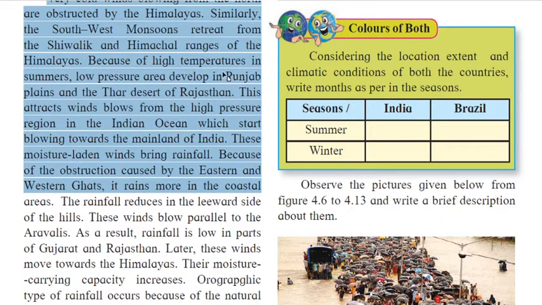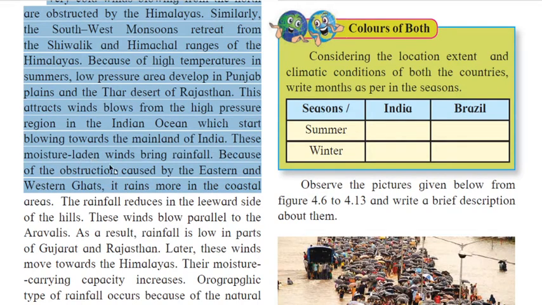Because of high temperature in summer, a low pressure area develops in the Punjab plains and the Thar desert of Rajasthan. This attracts winds blowing from the high pressure region in the Indian Ocean, which start blowing towards the mainland of India.